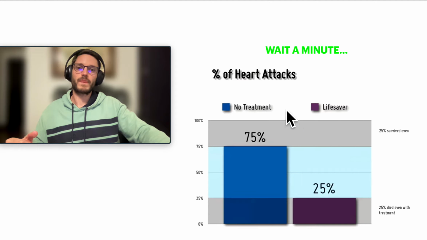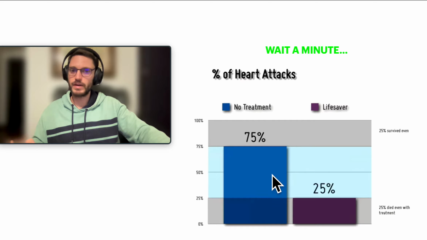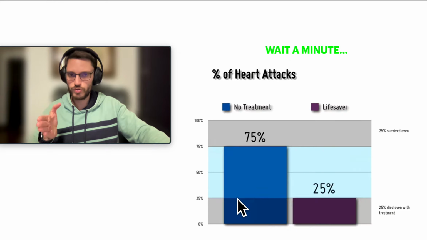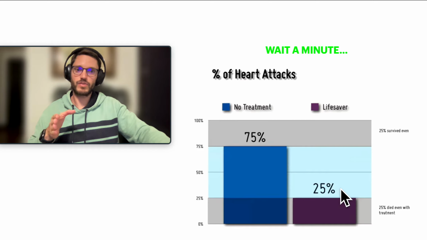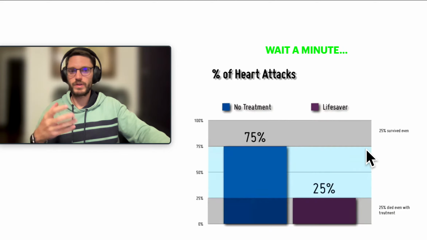Now, we have this example right here. We have a group of patients with no treatment having 75% incidence of heart attack, and this other group with the treatment called Lifesaver having 25% incidence of heart attacks. So what are we talking about here?